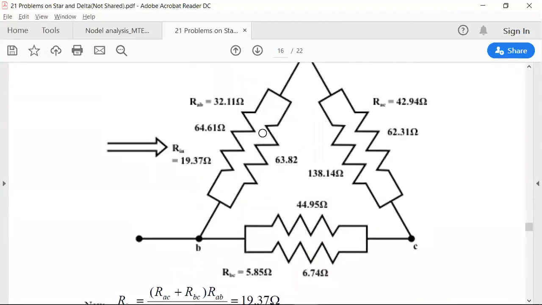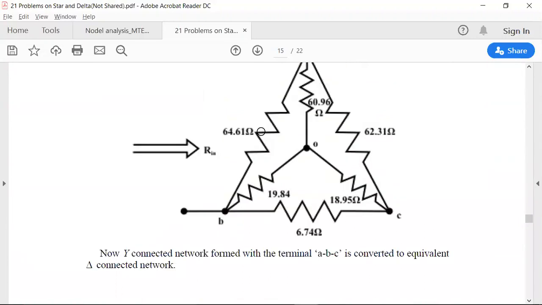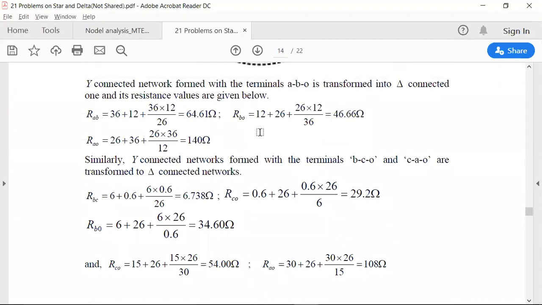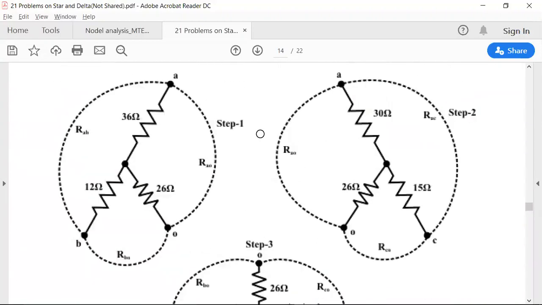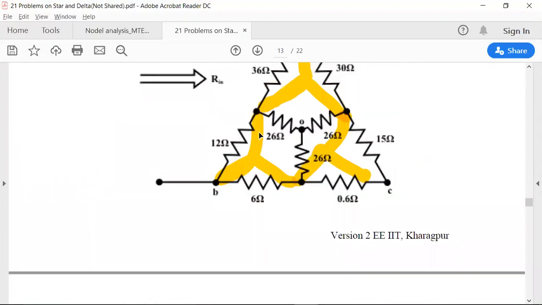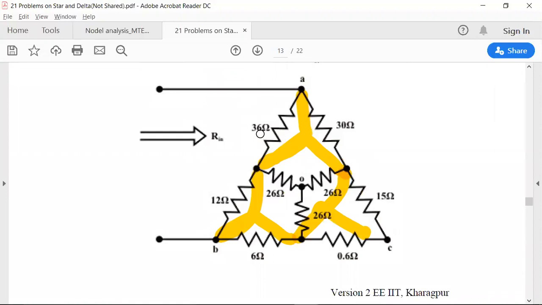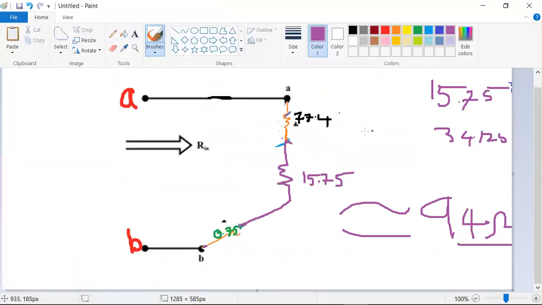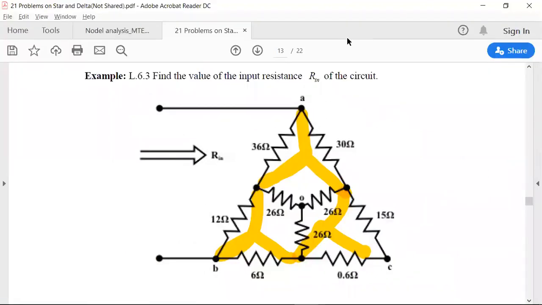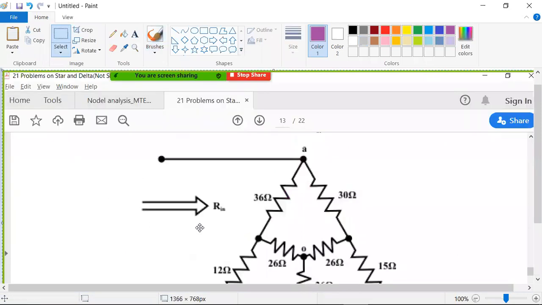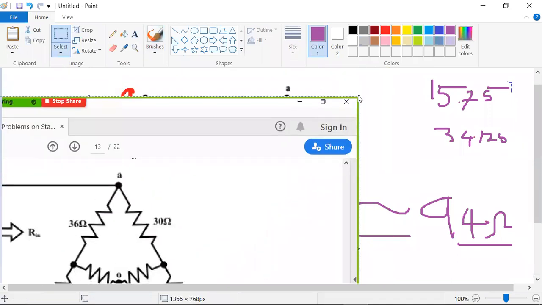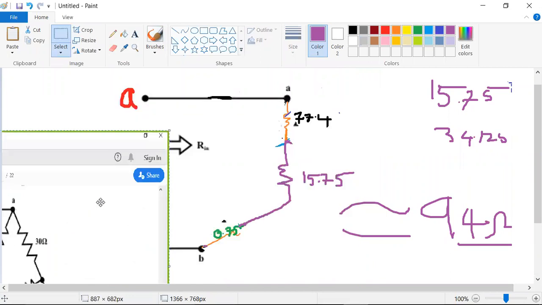So sometimes it's giving some different way, right? From the screen, if you observe, this is our diagram, right?